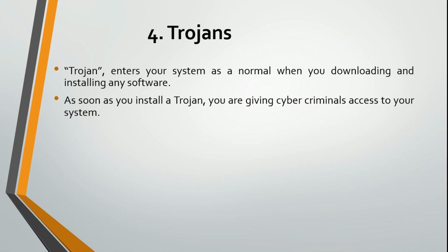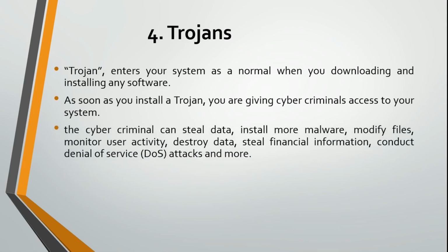Through the Trojan horse, the cyber criminal can steal data, install more malware, modify files, monitor user activity, destroy your data, and steal financial information. They also conduct DDoS attacks on targeted web addresses and so on.